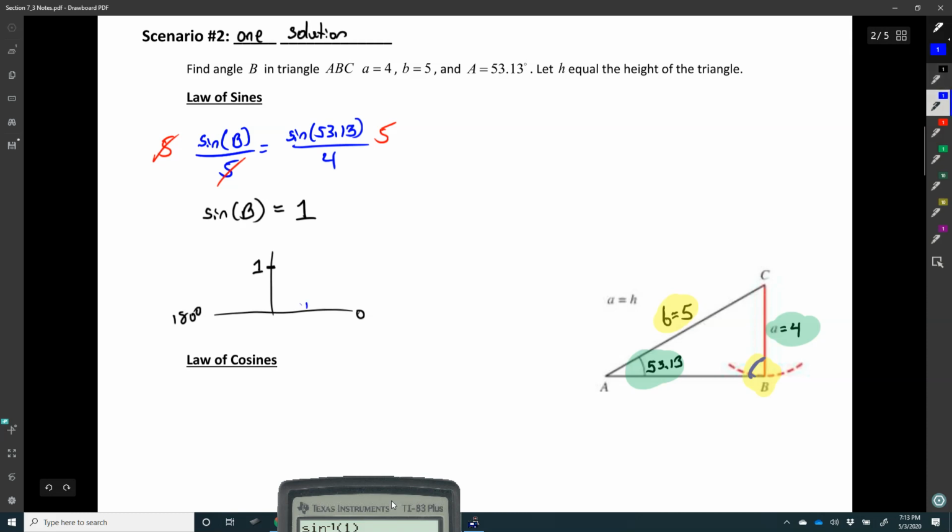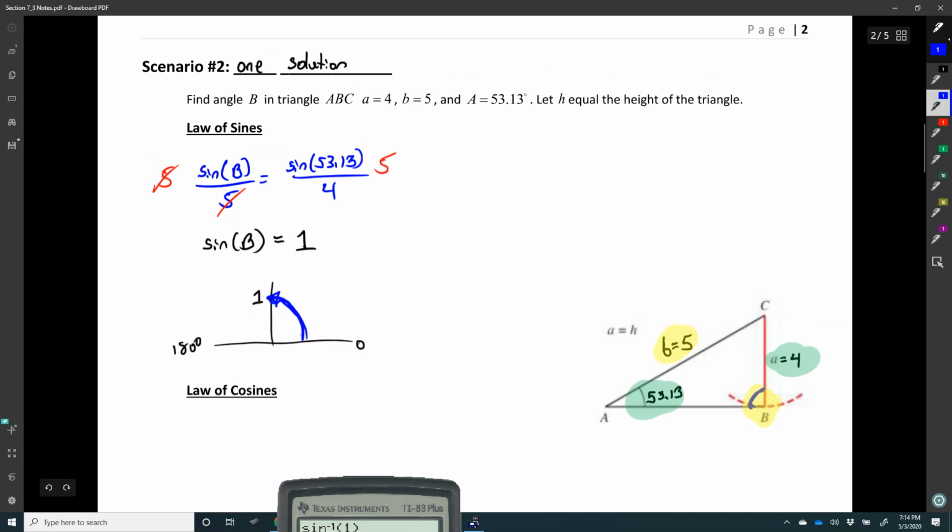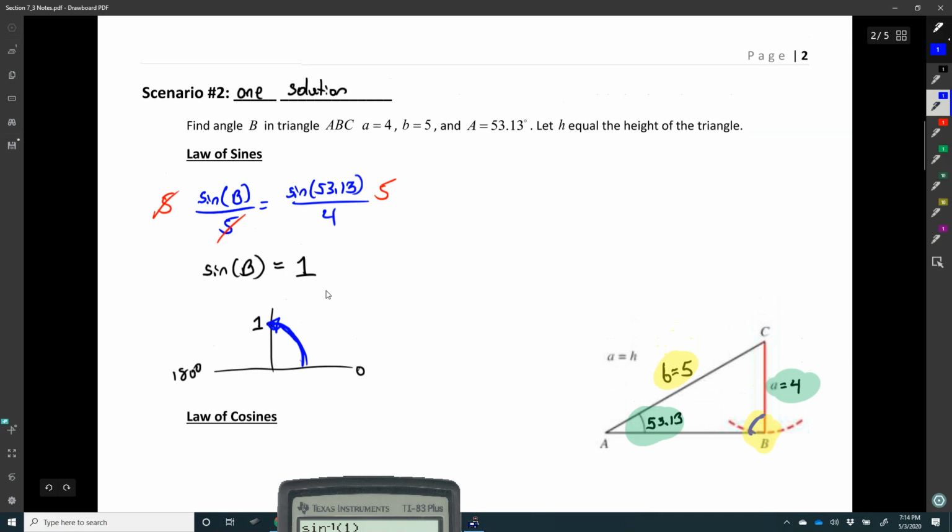That's it. There's only one solution. There's not the 270 because that's equal to negative 1. There's not two quadrants because it's right on the axis. So you don't have two quadrant solutions. So you do the math and you only get one solution.